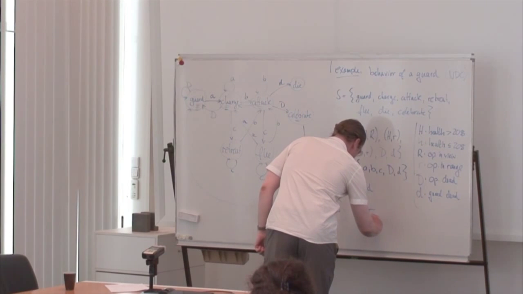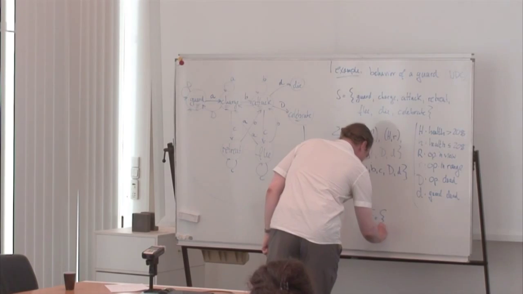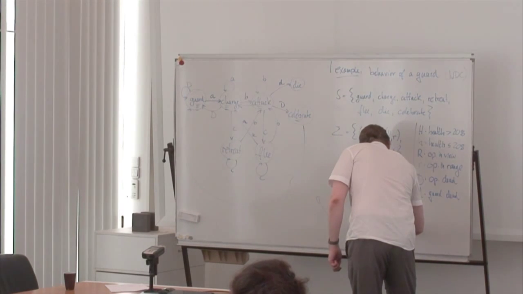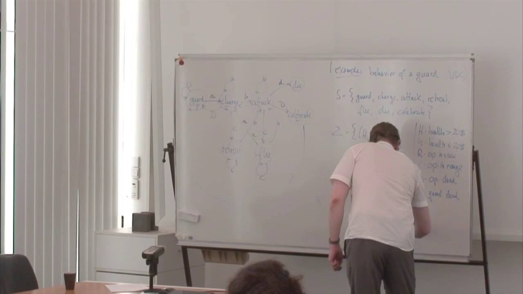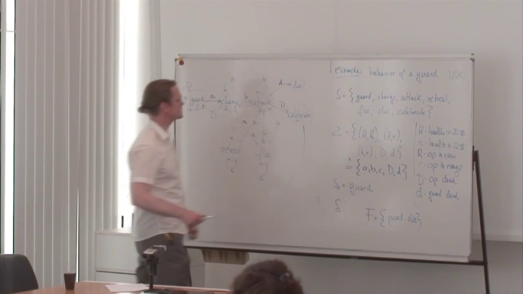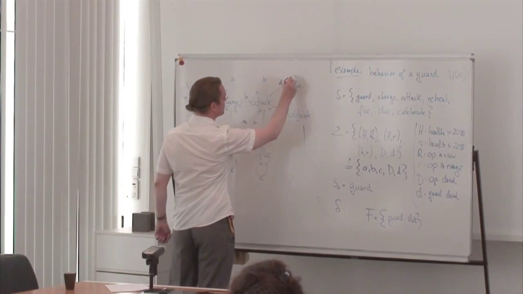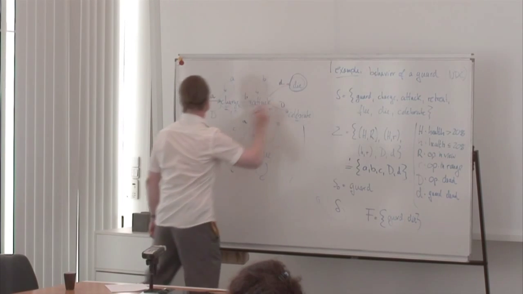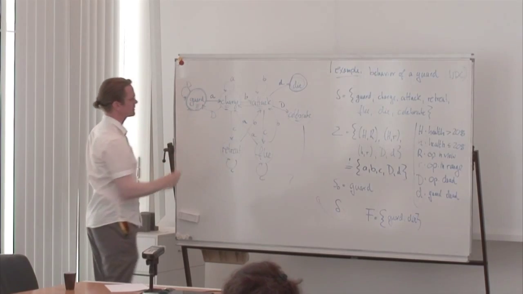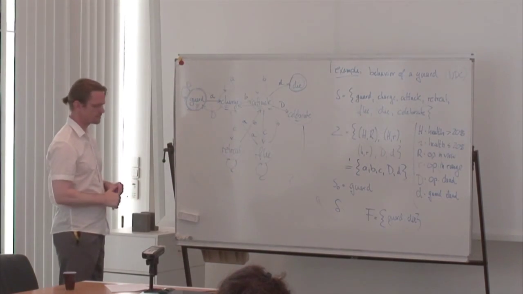So, in this example, the two final states are guard and die. And I will indicate this, as it's usually done in the literature, by putting another circle around them. So these double circled states are the final states.